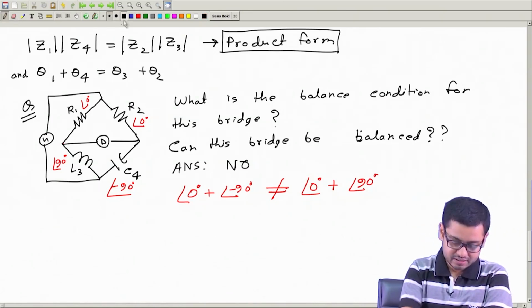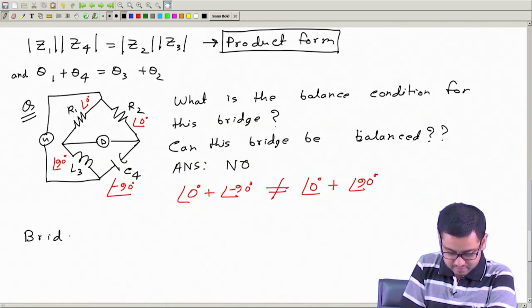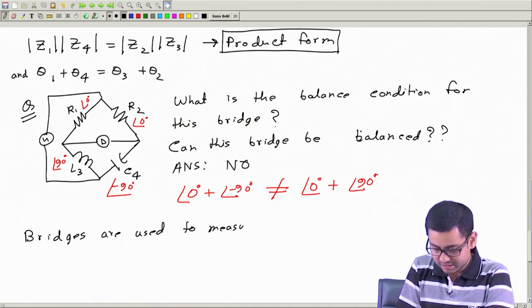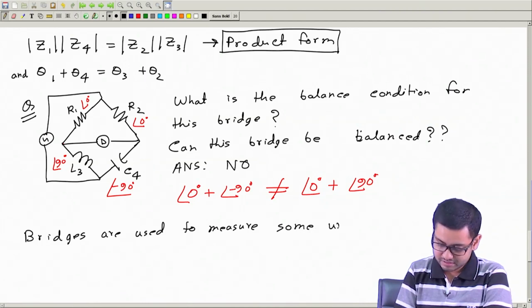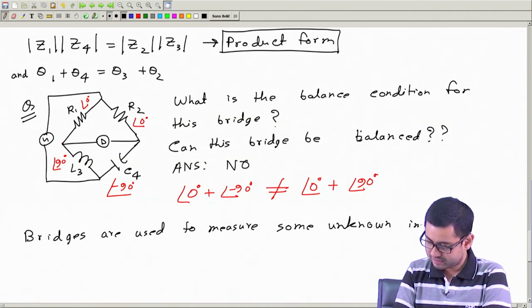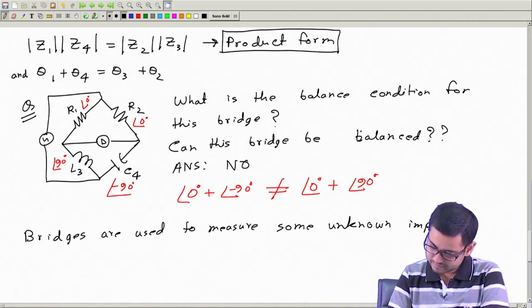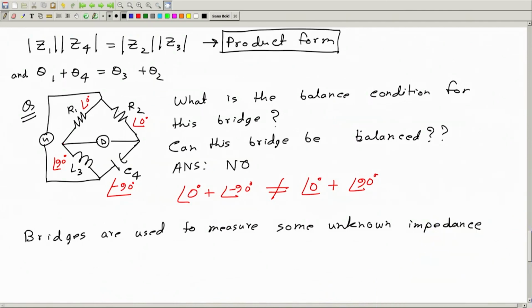So, we put the unknown impedance in one branch of the bridge, or one side of the bridge.